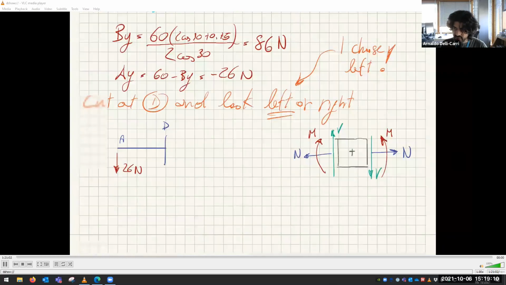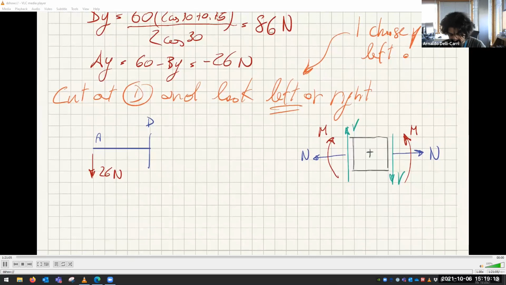So since we are looking left, we are exposing the forces on the right. So this is ND, this is VD, and this is MD.